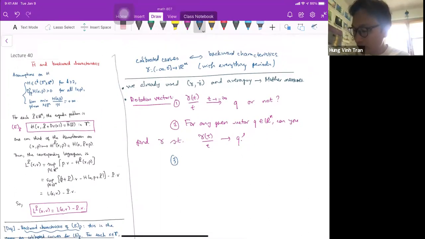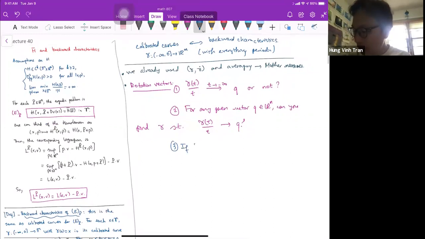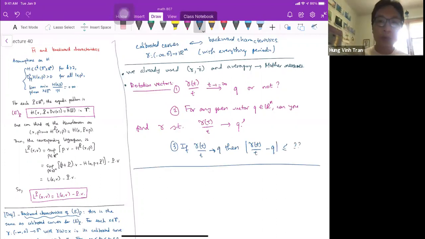If you have gamma(t)/t converging to q, then what's the rate of convergence? The third one is more modern, but basically it belongs to various aspects in probability, dynamical systems, or PDE, trying to push forward more quantitative and less compactness results.